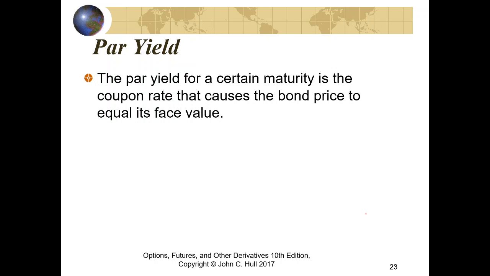In other words, the bond will be issued at par value. Why is it important? Because if we know that currently the zero rates are what we observe in the market, and we want to determine what coupon rate we should offer for a bond to make the issuance price equal to its par value.